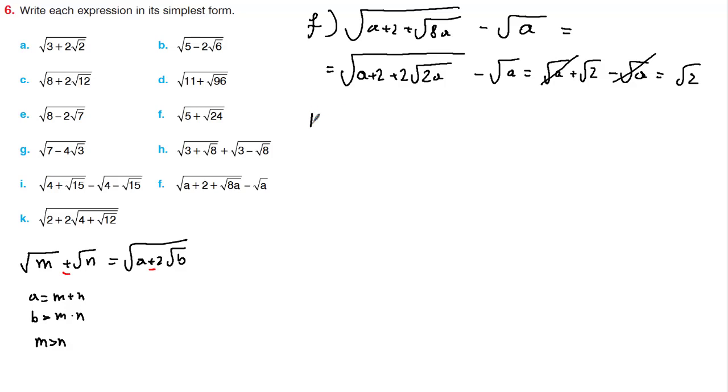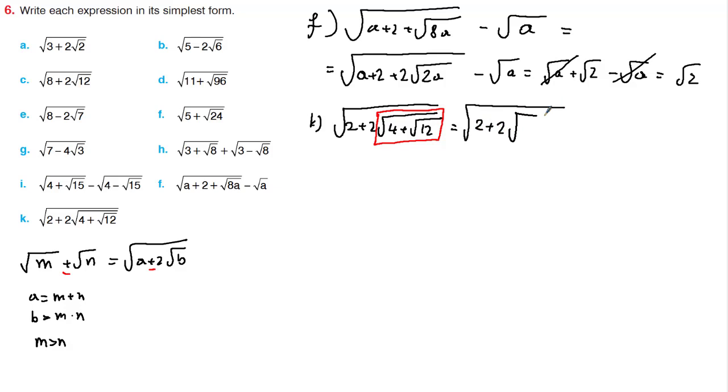And the last exercise from exercise 6, it's square root of 2 plus 2 root of 4 plus root of 12. We should start from the innermost root. So let's try to perform operations on this innermost root. So let's see what will happen. I'm copying everything else. 2 plus 2 root of, well, I can rewrite this root of 12 as 2 root of 3 because it's 4 times 3 and square root of 4 will be just 2.